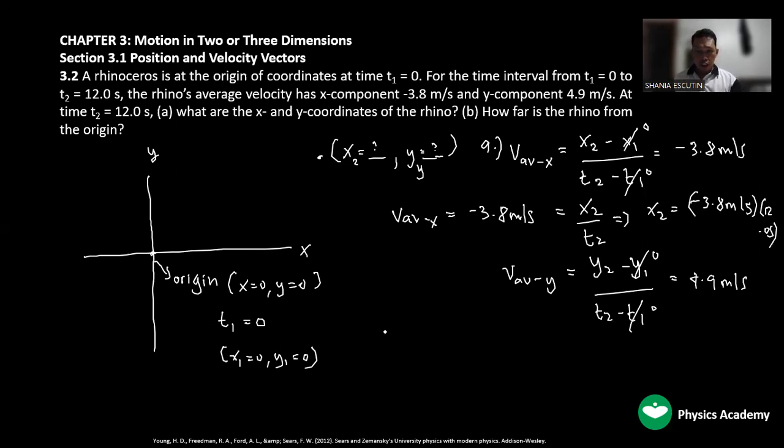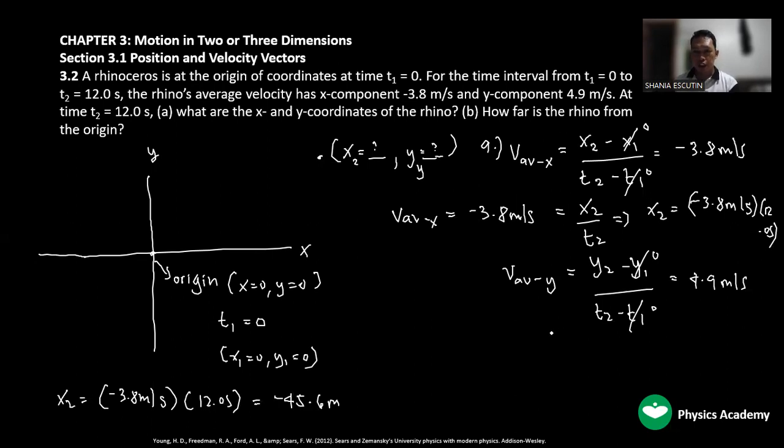So negative 3.8 multiplied by 12 will give us negative 45.6 meters. After 12 seconds, our x coordinate is negative 45.6 meters, so along the negative line.